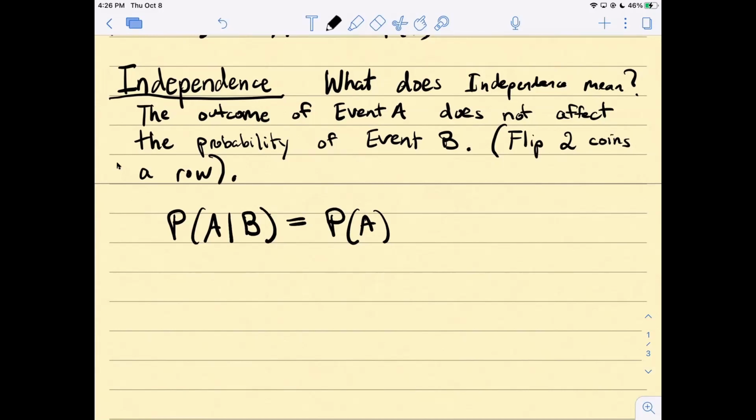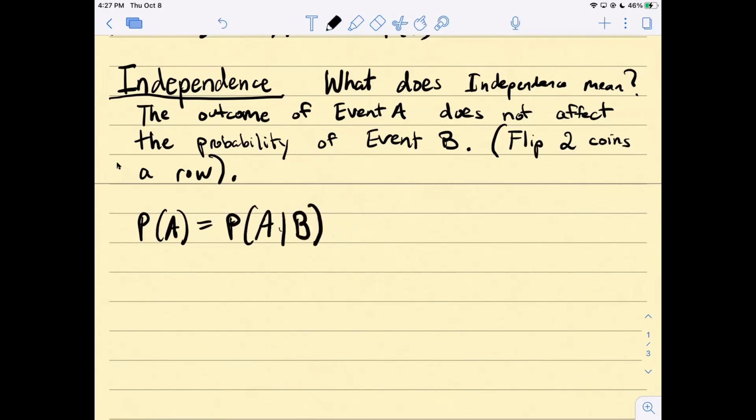I'll give you a little bit of intuition on how to think about that in a second. If we use the formula that we just found, let me rewrite this the other way. This tells me that the probability of A is independent of whether or not B happens.